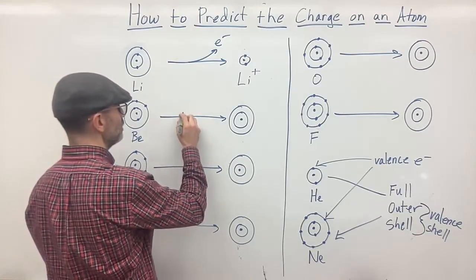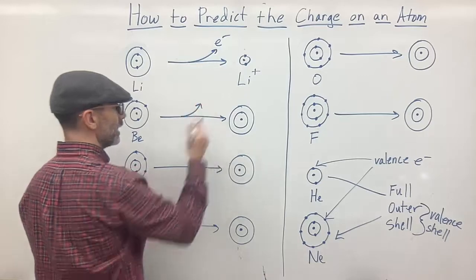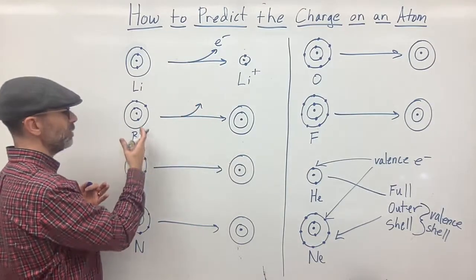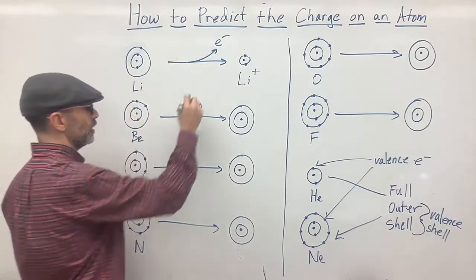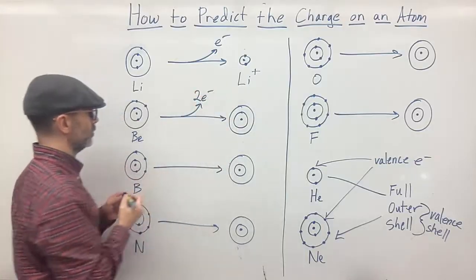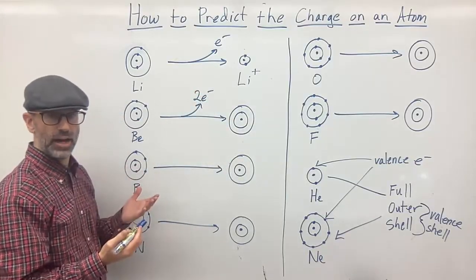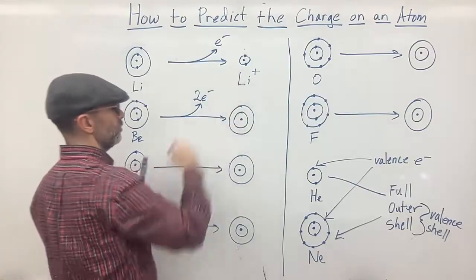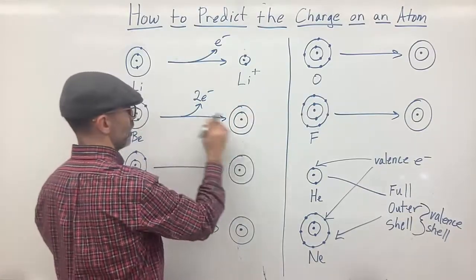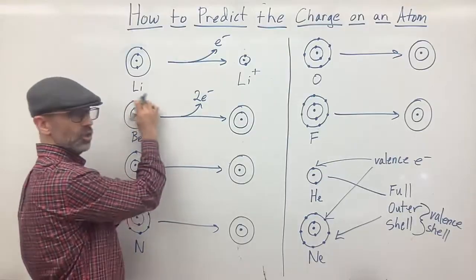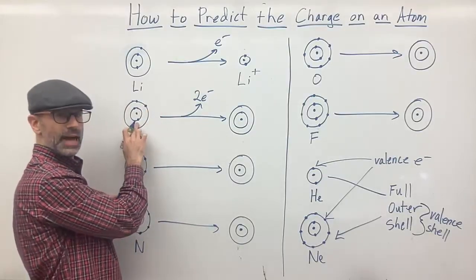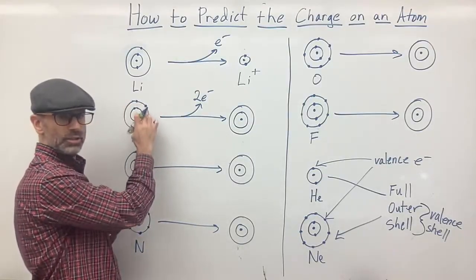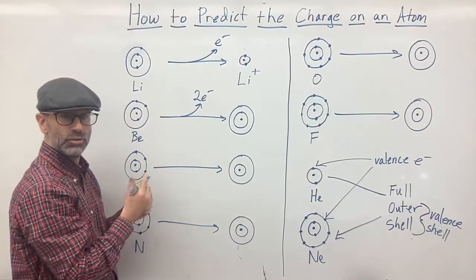So in a chemical reaction with beryllium, beryllium is going to lose those 2 electrons to some other atom or atoms. The outermost electrons are the ones that are lost, not the inner ones. Those are the easiest to remove.